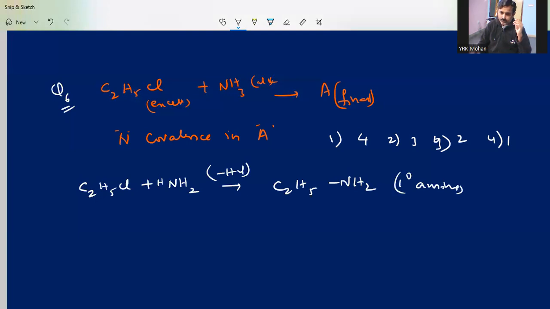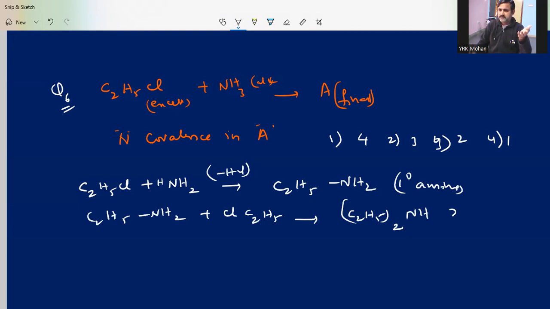If you continue like this, C2H5NH2 is again treated with chloroethane, C2H5Cl. In the second step, after removal of HCl, you will get (C2H5)2NH, a secondary amine. Further, it gives tertiary and quaternary ammonium salts.